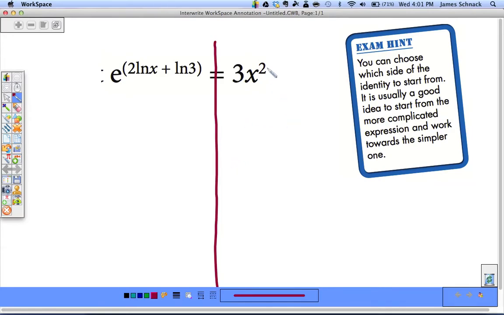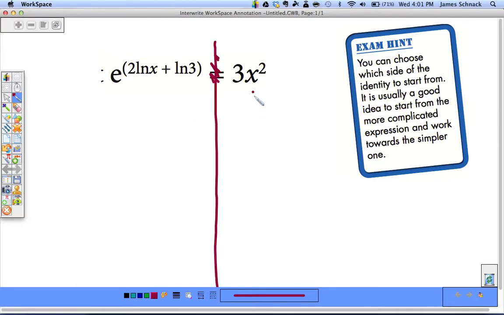You are basically ignoring that side, and you're making this side, or conversely the other side, look like what we're ignoring. This is our end goal. Our end goal is to take usually the more complicated side, and turn it into the easy side.